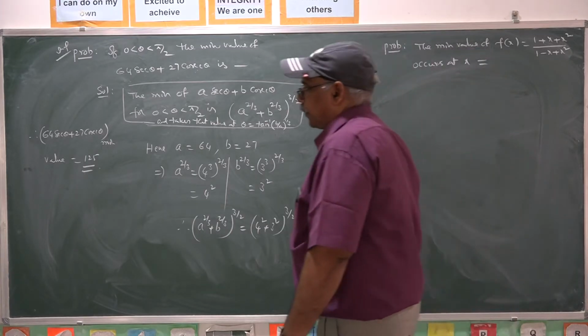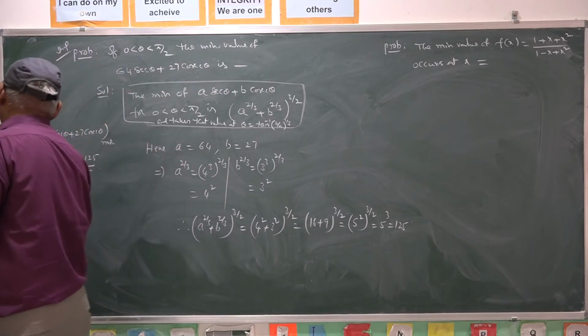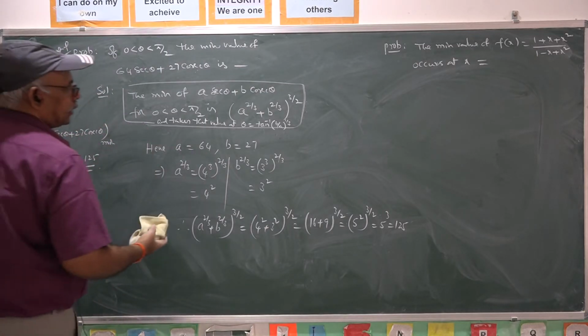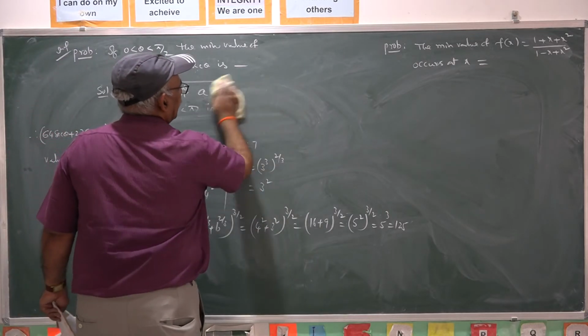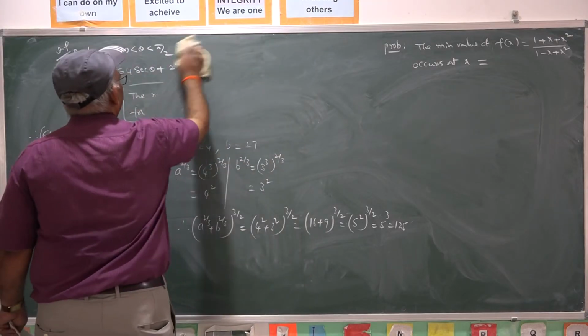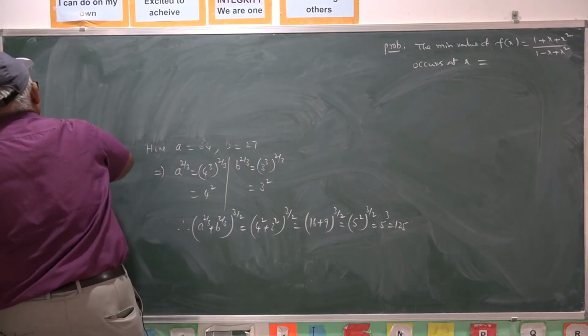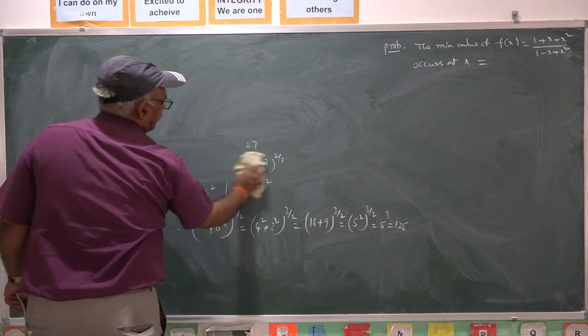For what value of x does the function take its minimum? That is the question here.